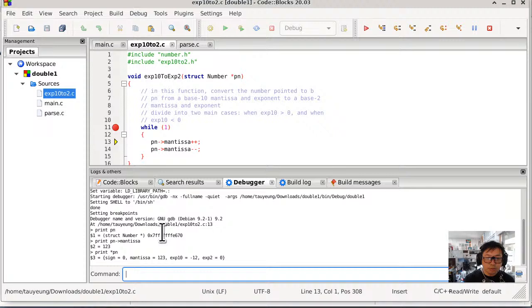So in order to represent mantissa using an unsigned integer, I can use 123, but if I want the value represented by the mantissa times 10 to the power of exp10, then I have to adjust exp10, or the exponent of 10, and decrease it by 2 because the mantissa is now 100 times what it used to be. So the exponent has to decrease by 2 to adjust for that. So everything is working, okay? So the parser is already done.